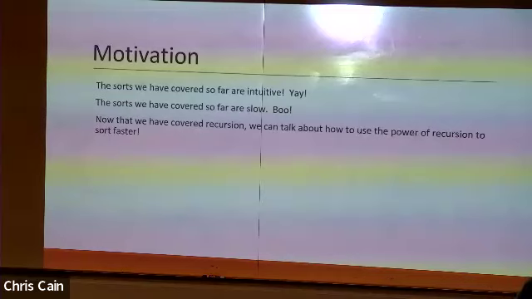Before I've talked about how whenever you have an iterative solution, you can make a recursive solution, and whenever you have a recursive solution, you can make an iterative solution. So nothing about the sorts we're going to go over requires recursion. It's just highly recommended, because if you don't do this recursively, it's kind of gross.